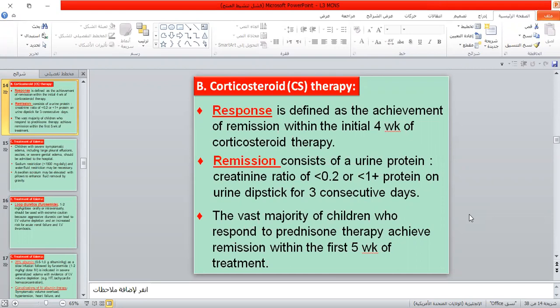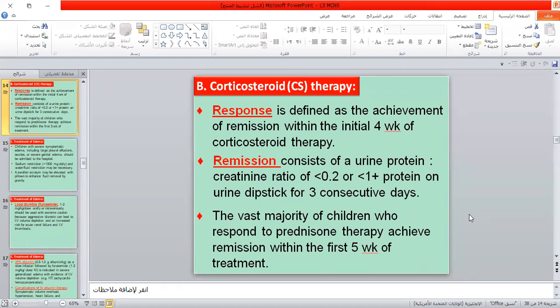When do I say the patient has remission? I say if he has 3 consecutive days of urinary protein excretion less than 1 plus by the dipstick or less than 0.2 by the urinary protein creatinine ratio.